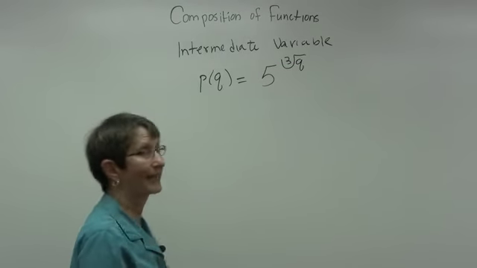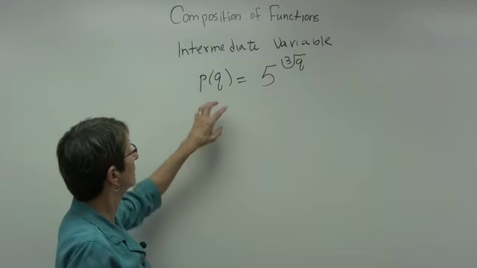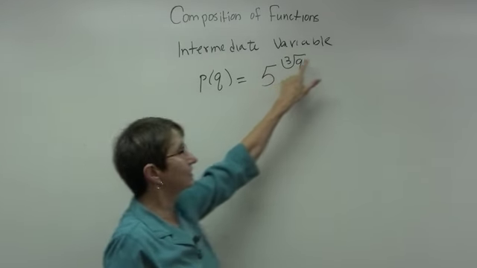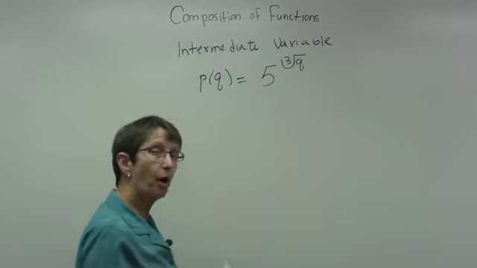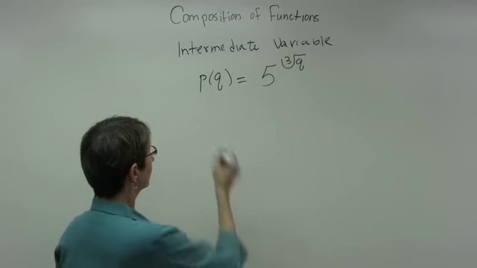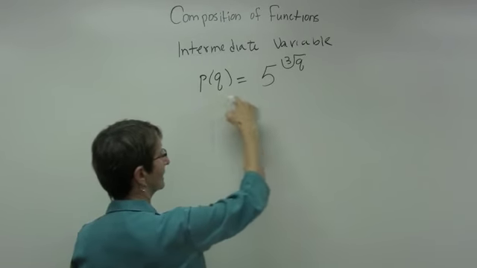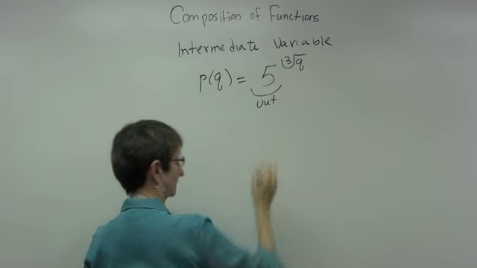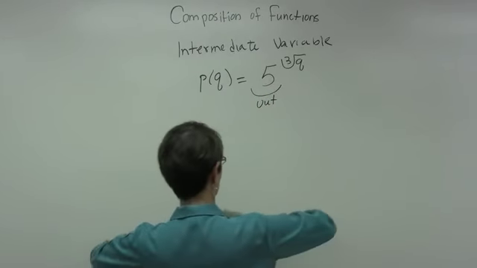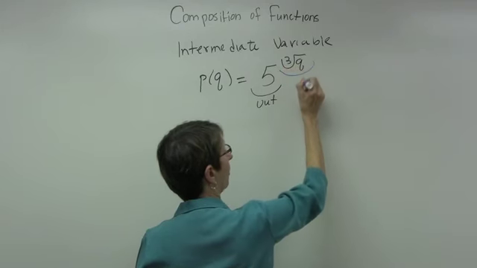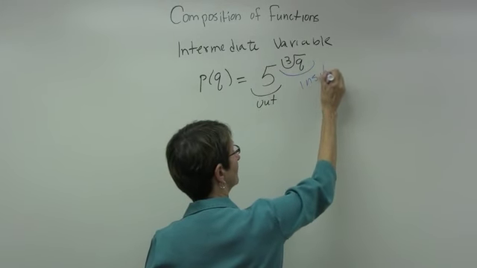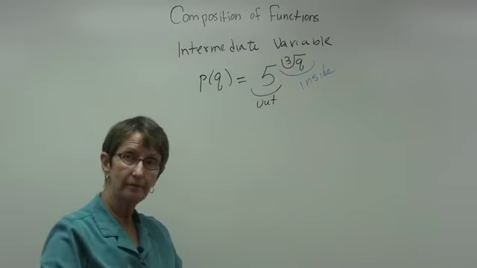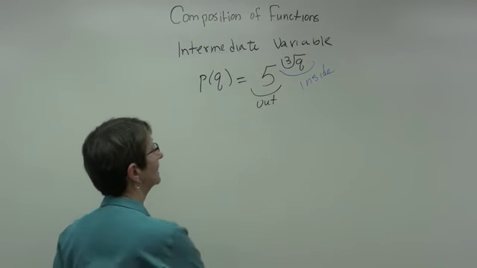It's a little more complicated than ln of c squared. I have 5 raised to a power, so that part is an exponential function. So I can write this function as this part is the outside, and this part is the inside, where I have the 5 and then raised to a power.